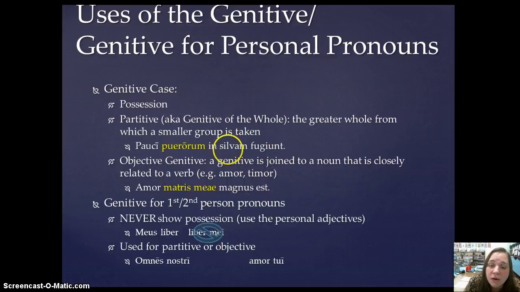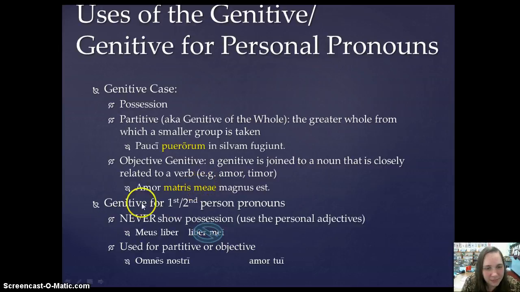Same for timor, right? Fear is closely related to the verb timeo, to fear. Now, the thing about the objective genitive is that very often it translates not of, well, sometimes it'll translate of, but sometimes it'll translate for.